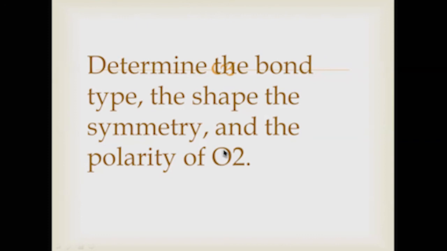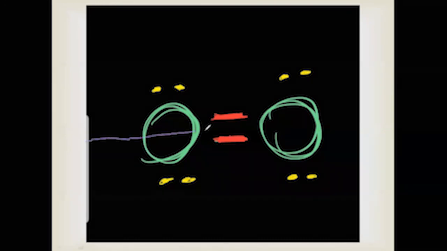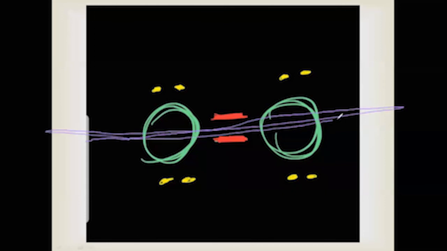And to know the shape of this compound, we should draw a Lewis diagram for O2, which will be like that. The shape is linear, as we see, because we can draw a straight line between the atoms like this. So it is linear.